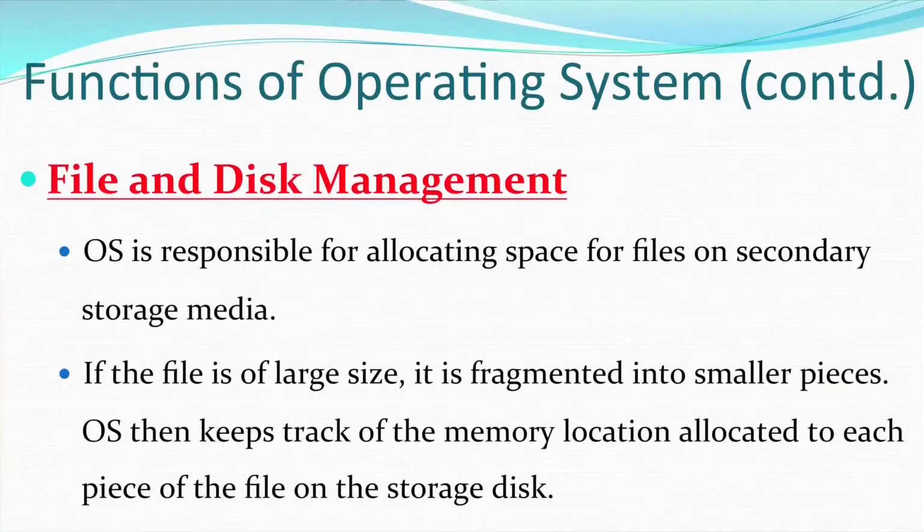So, the operating system takes care of that. Then next, if the file is of large size, then it has to be broken down into small fragments. Keeping track of those fragments, where they are being stored, and which fragment is being brought to the primary memory for active reading, all these things are also managed by the operating system.